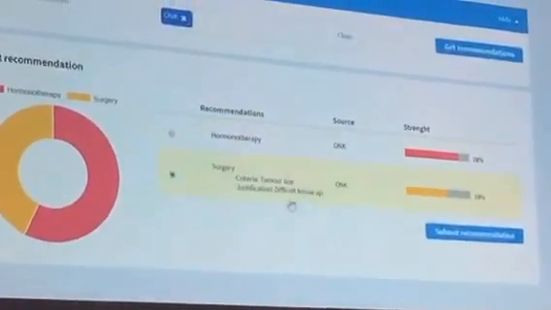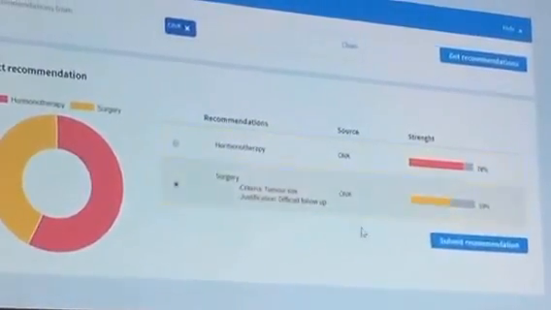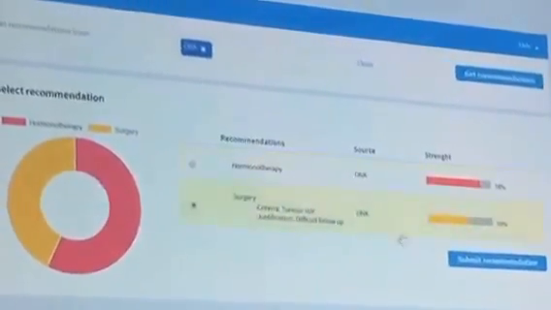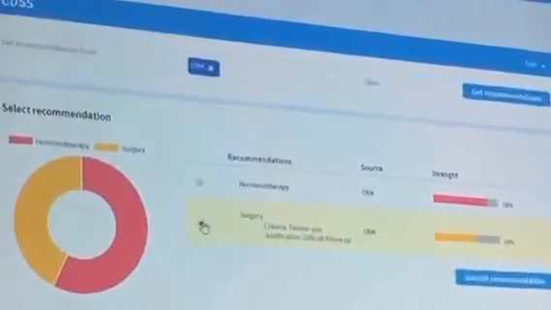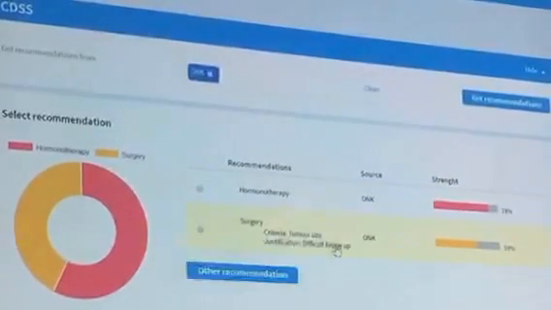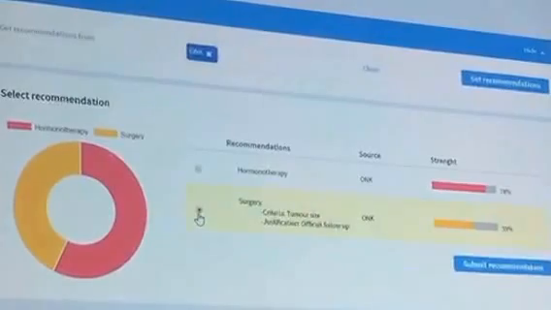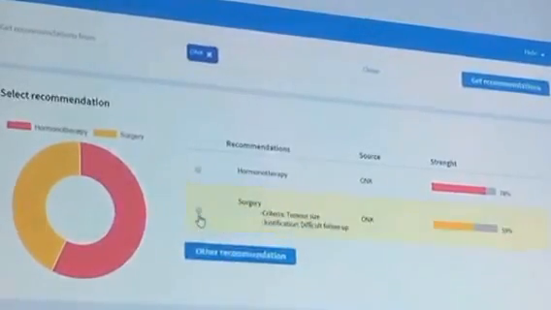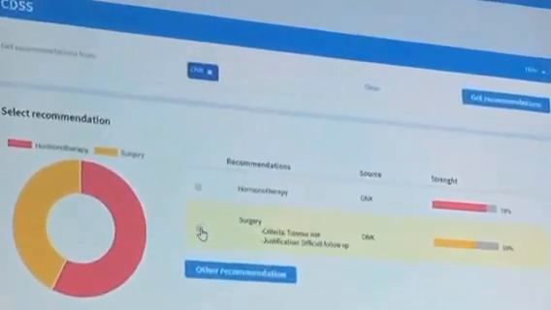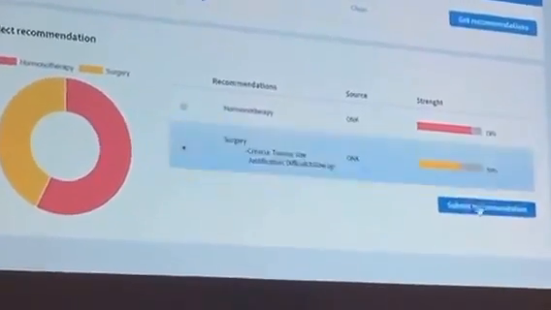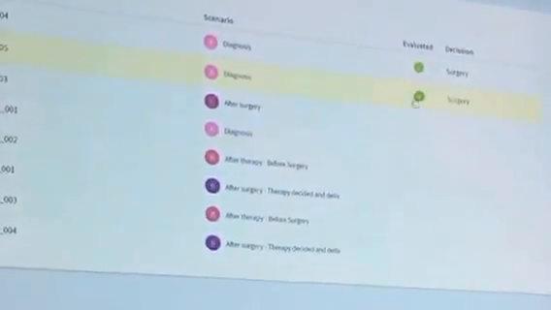Of course, this will happen when this treatment has been somehow validated. So the clinicians could also choose, okay, this is the case, so I want to choose this one. Otherwise, we could say, no, I want another recommendation, and the system would keep learning. But we say, okay, let's have this one, and that is how the system will learn.